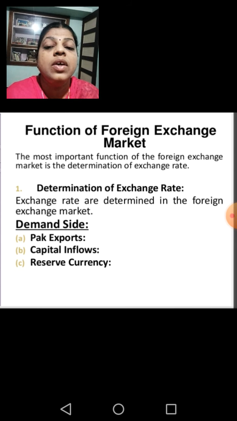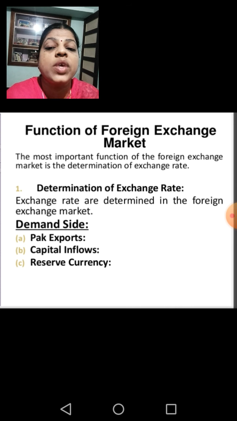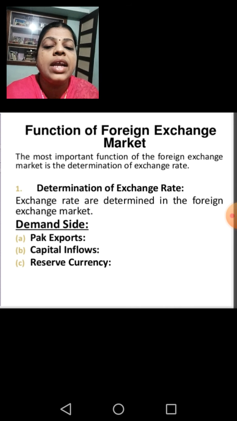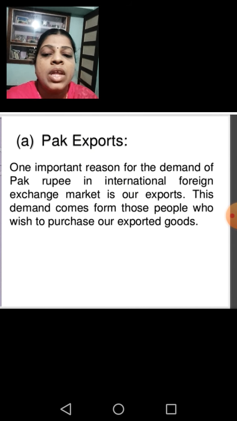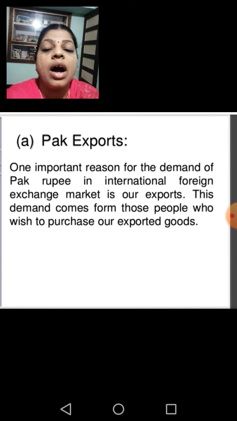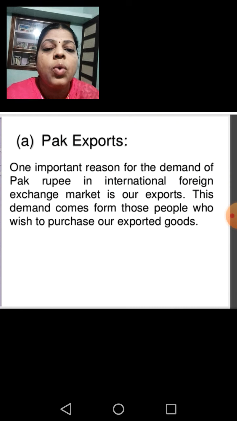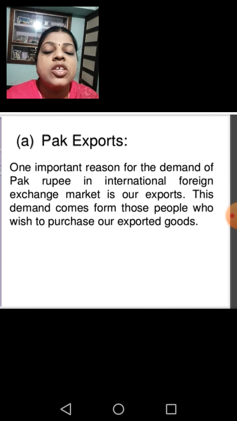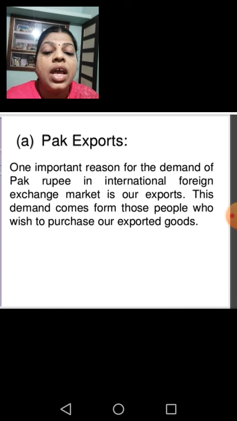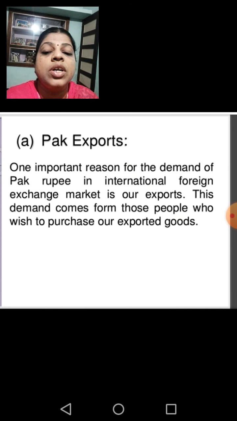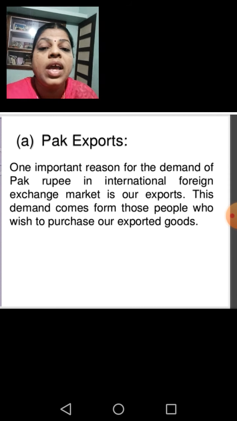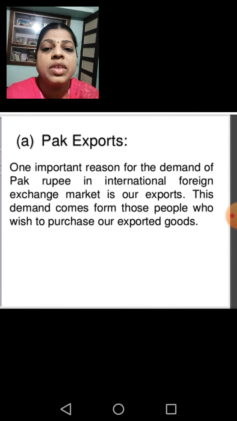These are the three factors they have used to explain the demand side of the country's currencies. So children, Pak exports. One important reason for the demand for the Pak rupee in the international foreign exchange market is our exports. This demand comes from those people who wish to purchase our exported goods.